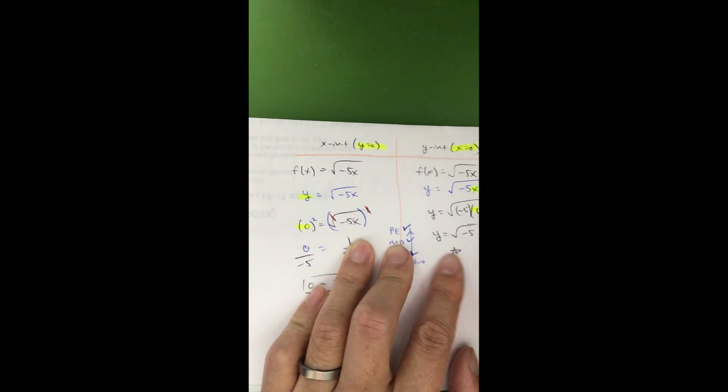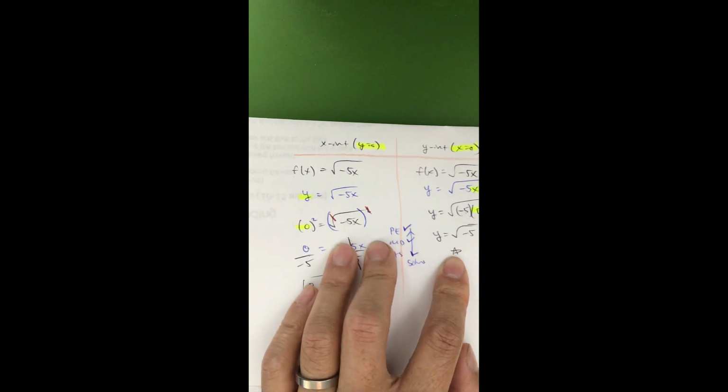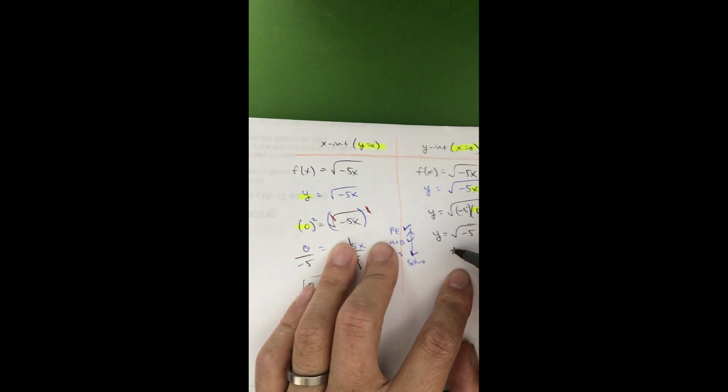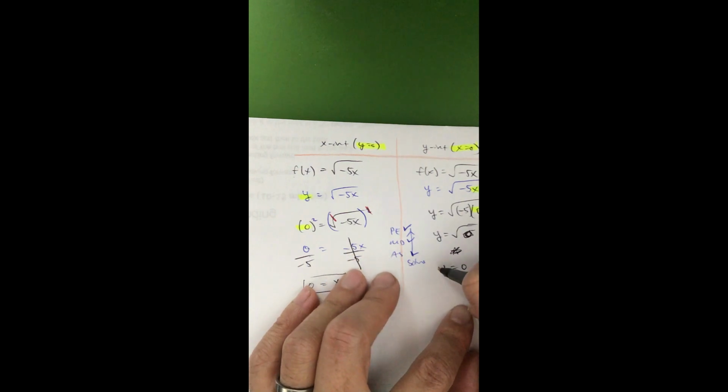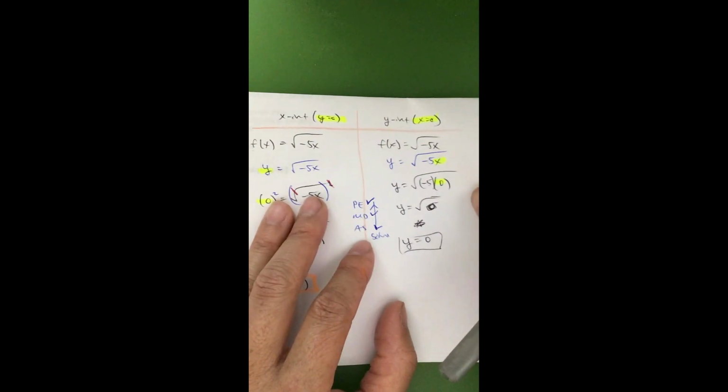Okay, right here, pay attention. Duh. I wasn't paying attention. Negative 5 times 0 is 0, and the square root of 0 is 0. That's what I wanted to say. Pay attention, because don't make the mistake I did.